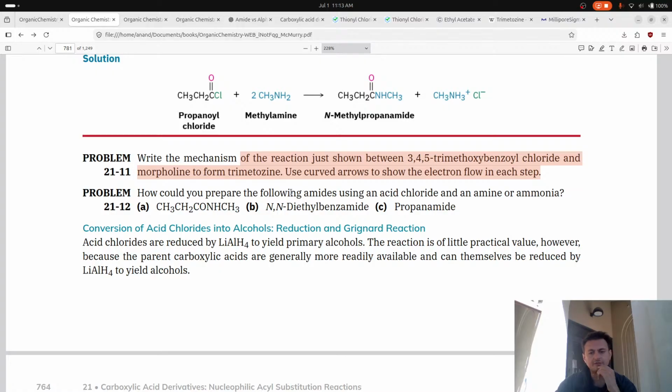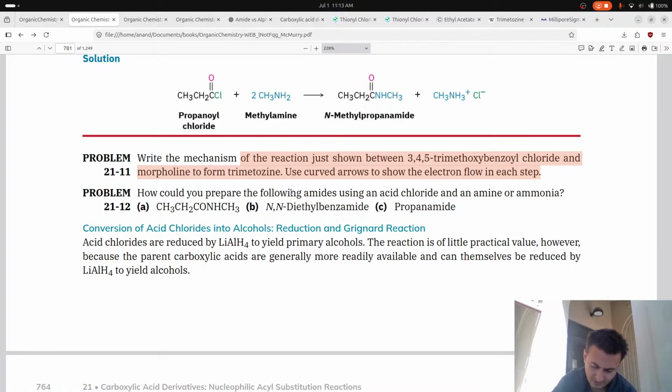How would you prepare the following amides using acid chloride and an amine or ammonia? I hate when they write it like that. It's so much harder to understand. C, C, C, O, N, C. Okay, so first off, what is this called?